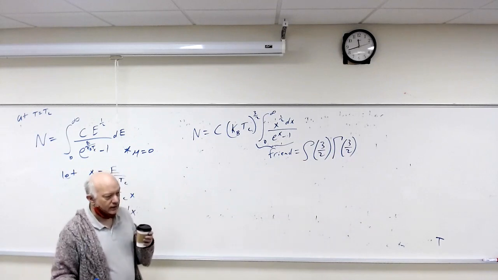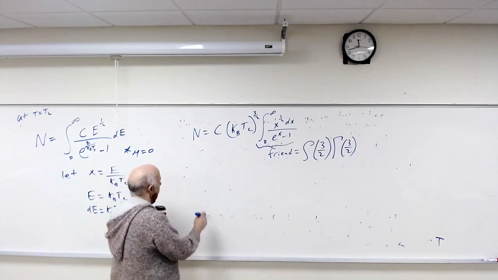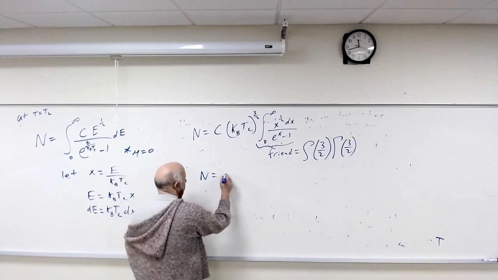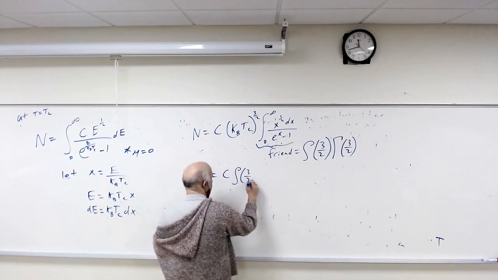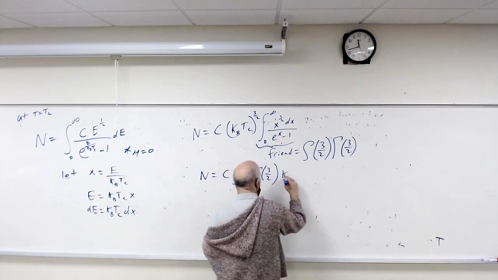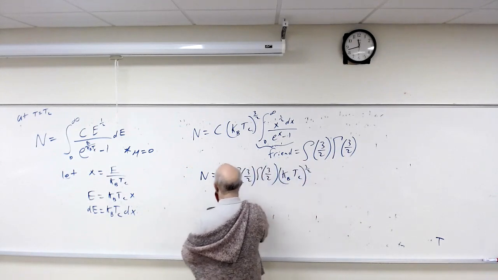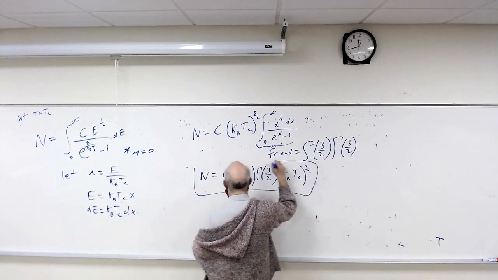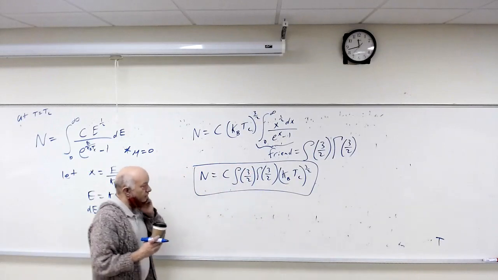I'm just going to leave it like that, because I don't know what the C is well. So we have n equals this C, Riemann zeta function 3/2, gamma 3/2, kB Tc. Nice to know. So we can actually calculate the temperature at which this is going to occur for the system here.